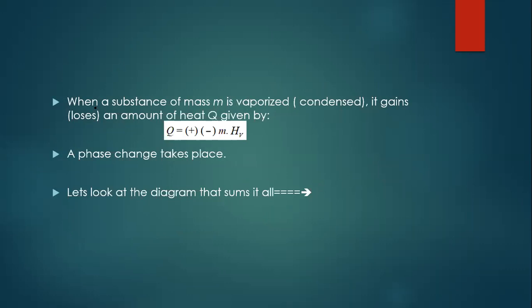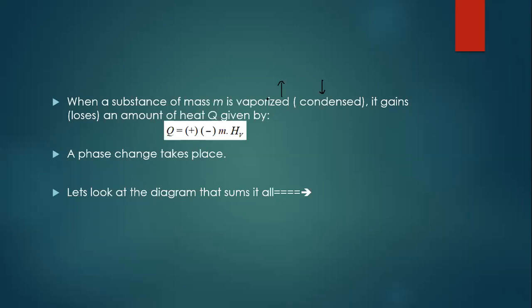When we come to the last one, when a substance of mass M vaporizes, it can either vaporize or condense, all right? It gains or loses an amount of energy Q, given by this. So plus or minus, again, means losing or gaining. And here a phase changes.